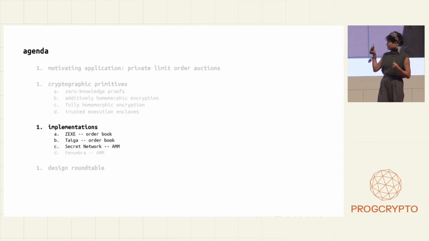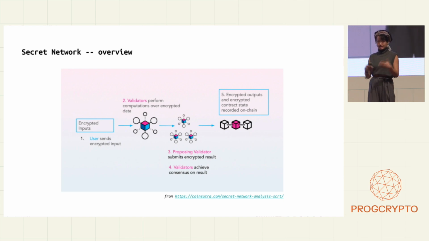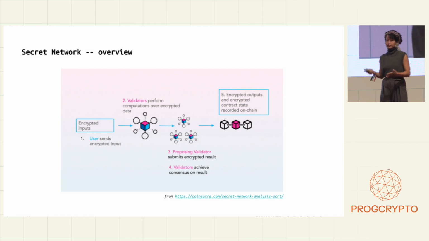So the next two protocols are implementing AMMs. The first one is Secret Network. In Secret Network, each node is a trusted execution enclave, and it holds a consensus seed. Users encrypt every transaction to this consensus seed.